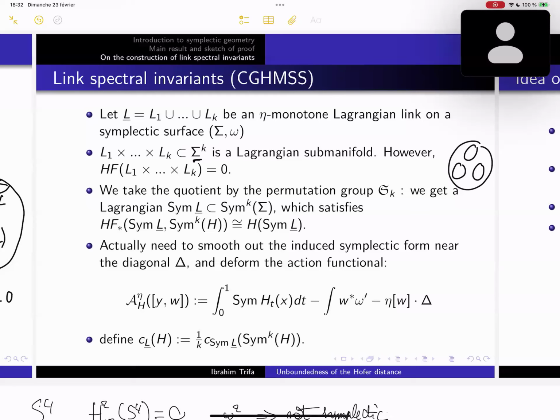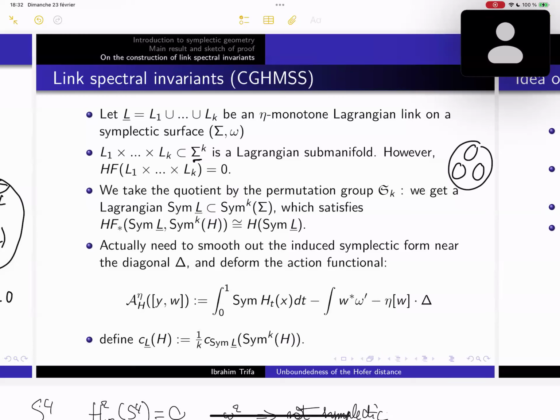So what we do to solve this problem is we take the quotient of this Cartesian product by the permutation group Sk. And so we end up with a Lagrangian, sym L, inside the symmetric product of the sphere.